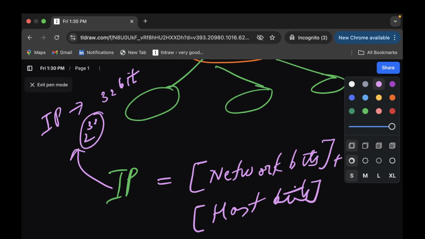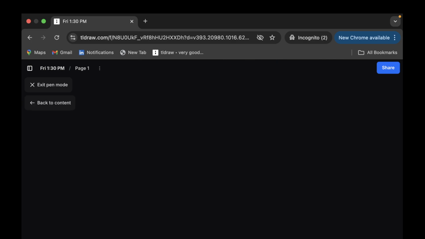Now we start with the base network. We are given an IP address and we are given network bits.